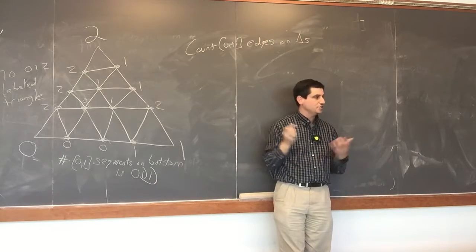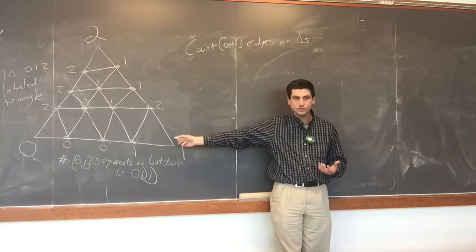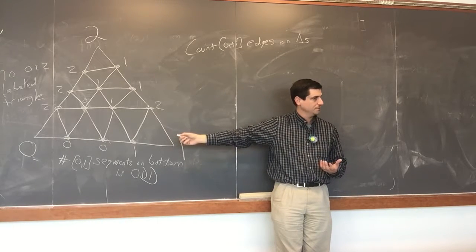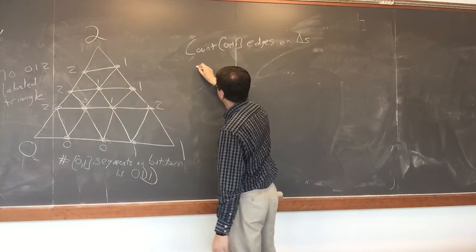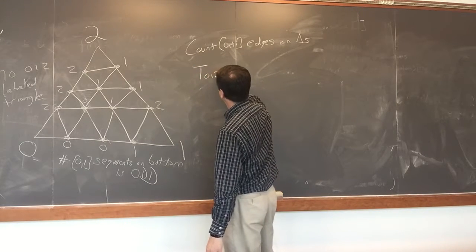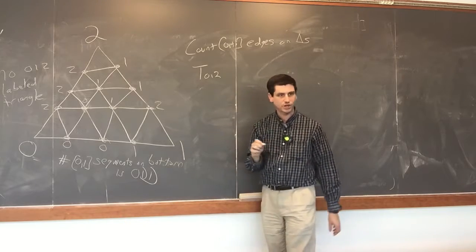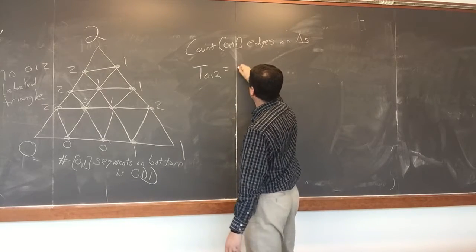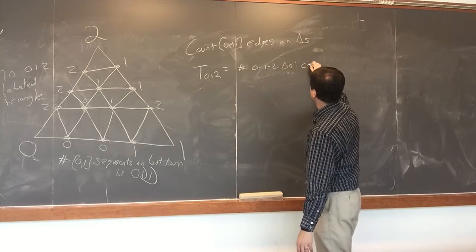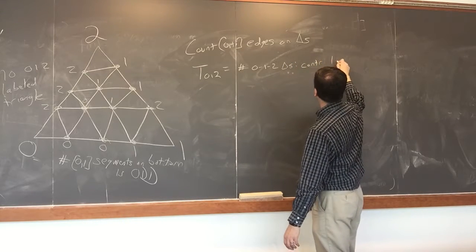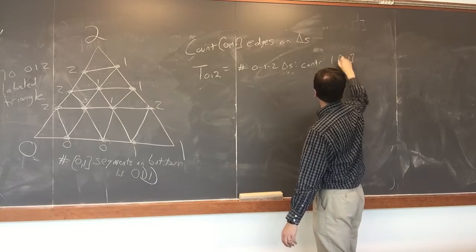And the reason this is a natural thing to count is it allows us to use the lower dimensional case. And the 0, 1, 2 triangle, so let's let T 0, 1, 2 be the number of 0, 1, 2 triangles, and it contributes 1 0, 1 segment.